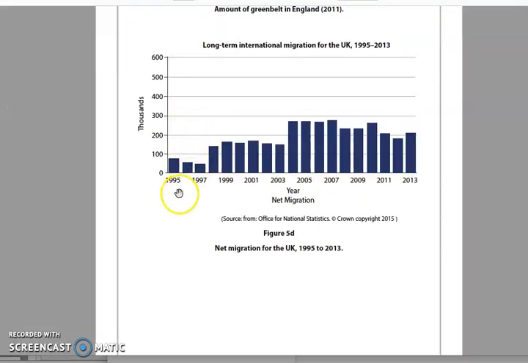So 1995 is the start, 2013 is the end. So we look at the difference between the highest figure in this range and the lowest figure. So the lowest figure is around here at around 50, and then around 280 would be the highest figure. So you simply do that subtraction. Off you go.